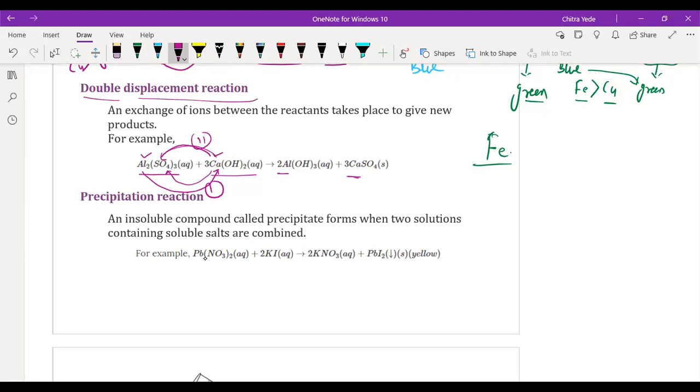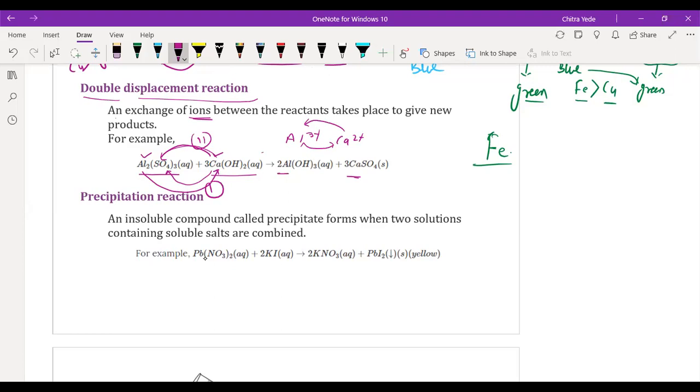Okay, so the definition is given over here. An exchange of ions takes place. Aluminum forms Al3+ ion and calcium forms Ca2+ ion. So exchange of ions takes place between their compounds, and during the process, a precipitate is formed.